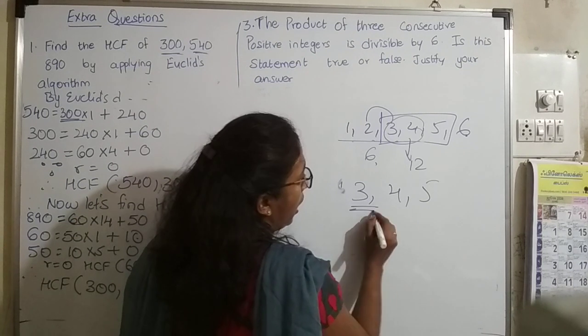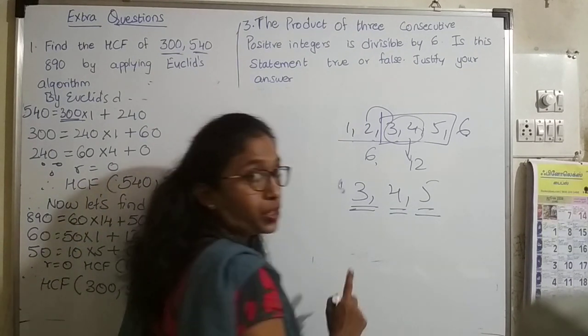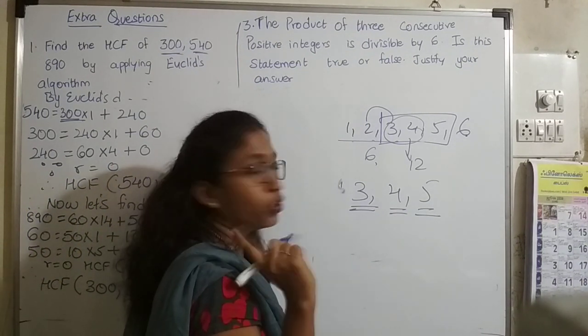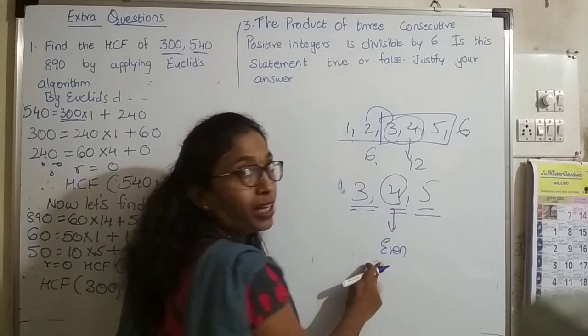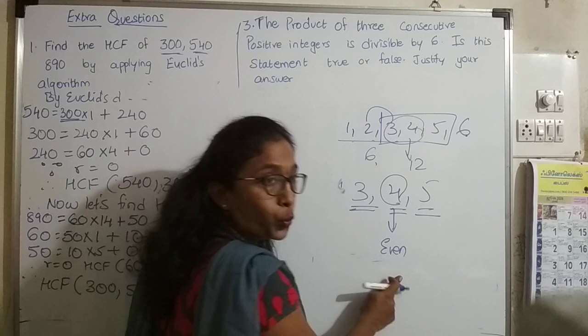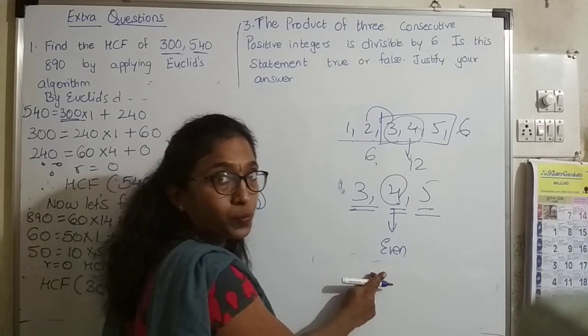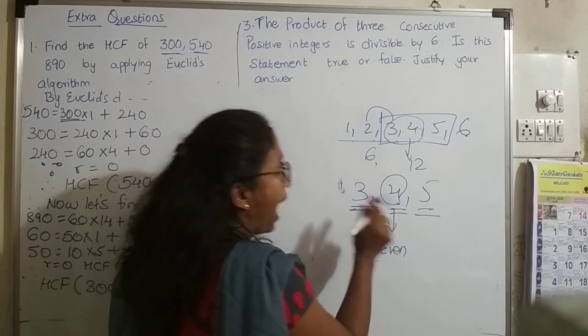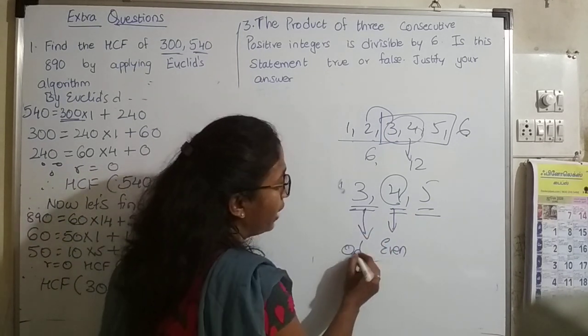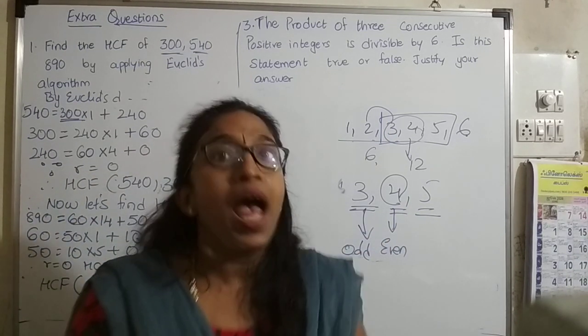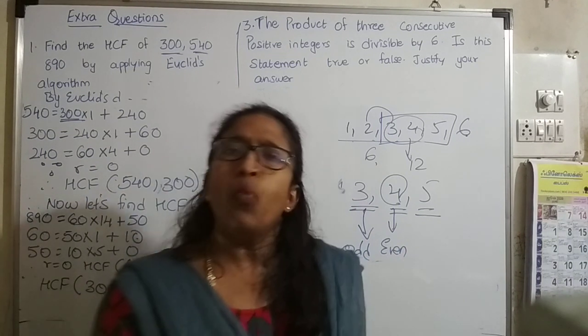Here we see, suppose I take 3, 4, 5. Out of these 3 consecutive integers, one will have a factor of 2. Can you see? 4 is an even number, so it is divisible by 2. And one will be divisible by 3. One will be divisible by 2 and one will be divisible by 3. Why this pattern?